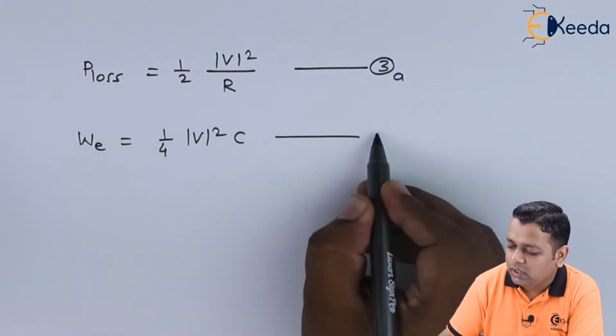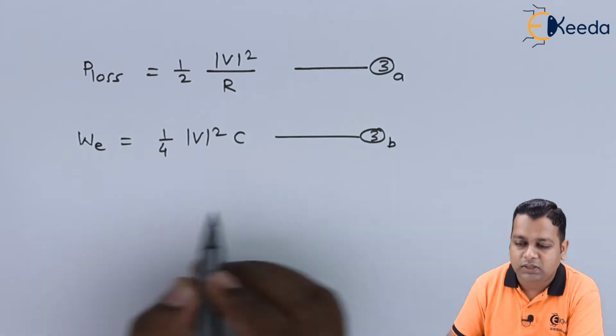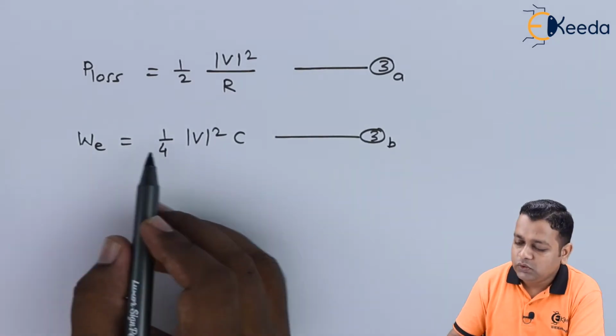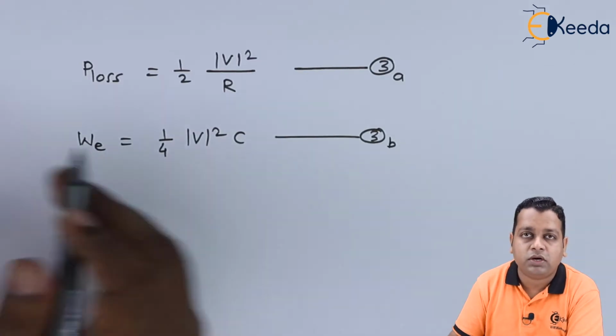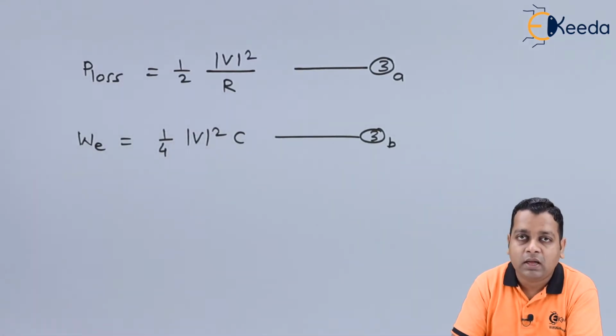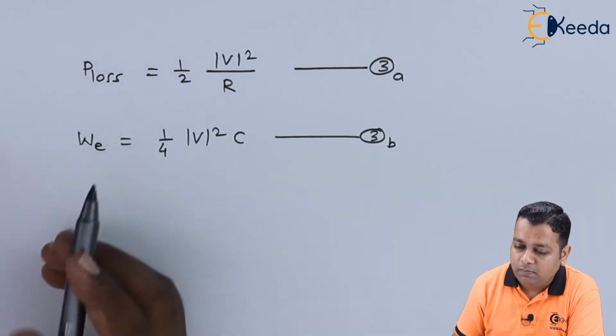Let this be the next part of equation number 3, that is 3b. So we have dealt with the resistor component and the capacitor component in the parallel resonant circuitry. Now we are left with the inductor component. The inductor is associated with magnetic energy.